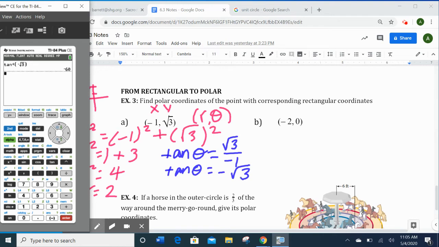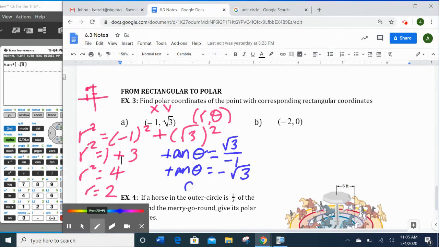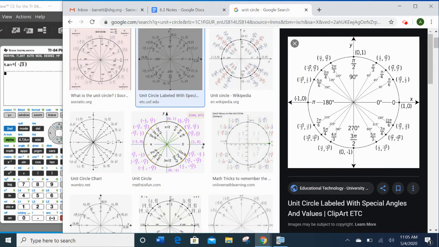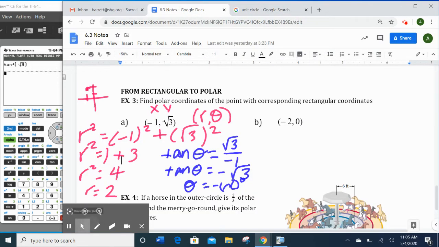Okay, so here's what this is going to tell me. I'm going to use this -60 degrees pretty much just as a reference to the fact that the angle is going to be a 60-degree reference. However, -60 degrees would be in the fourth quadrant, and clearly this point is in the second quadrant. So let's find a 60-degree reference in quadrant 2.